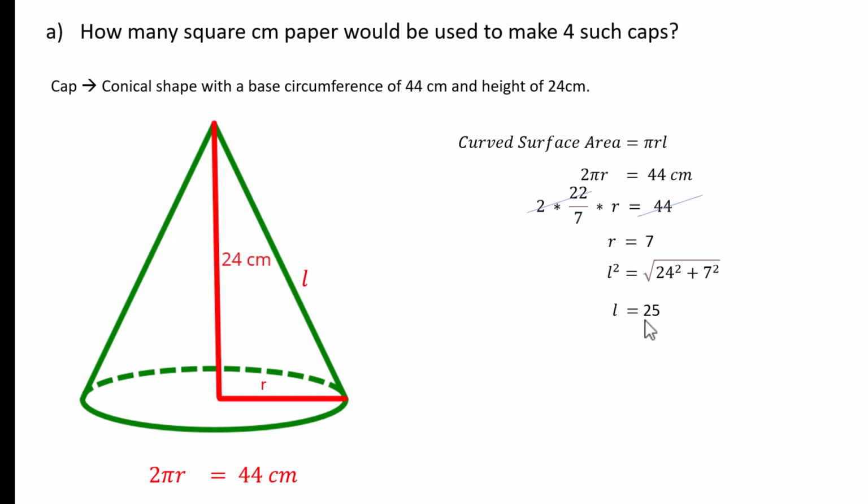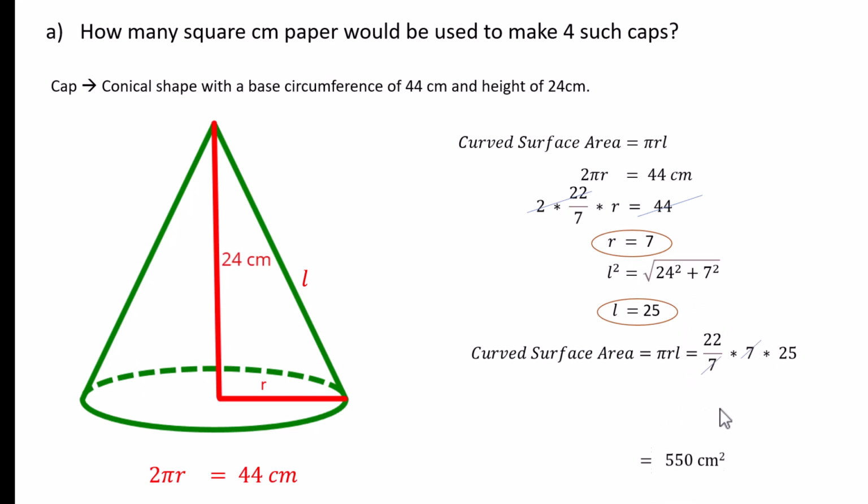Now that we have r and L, we just need to substitute them in this formula to get the curved surface area of the cone or the cap. 22 by 7 into 7 into 25 gives us 550 centimeters square.